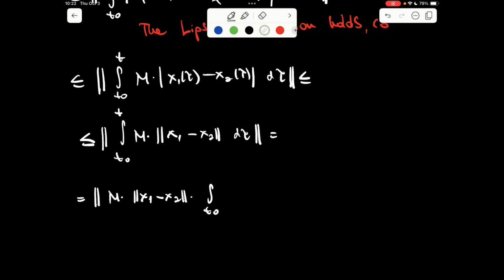And what remains is a very simple integral inside the norm.